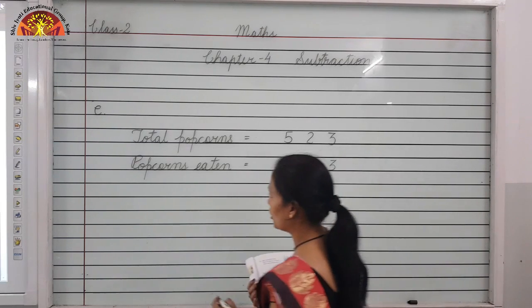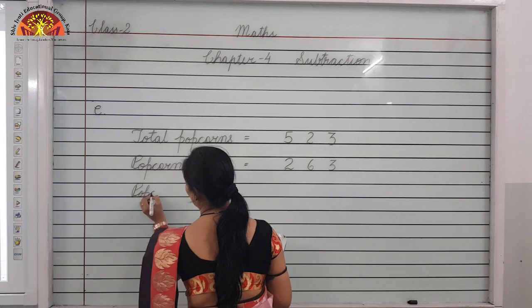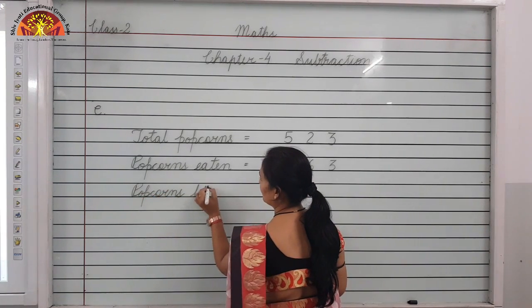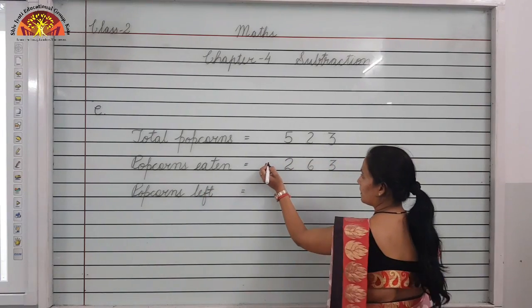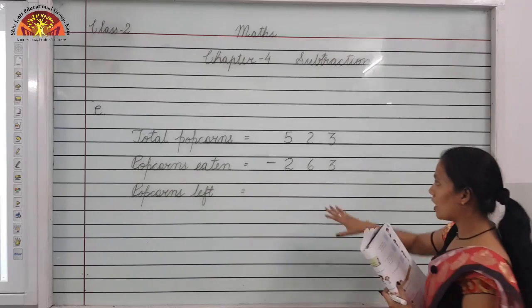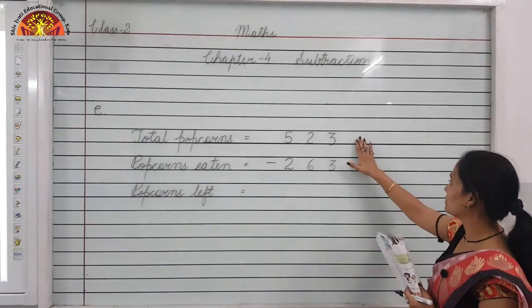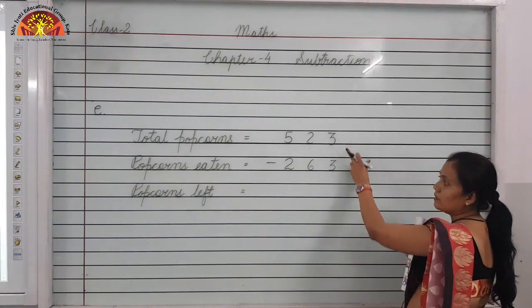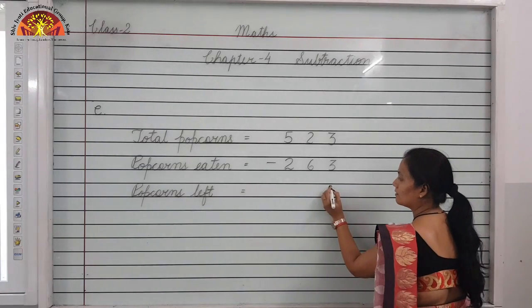Now popcorns left is equal to, we'll put minus sign over here. Now we'll subtract 263 from 523. So we'll start from this side. 3 minus 3. So 3 minus 3 is 0.